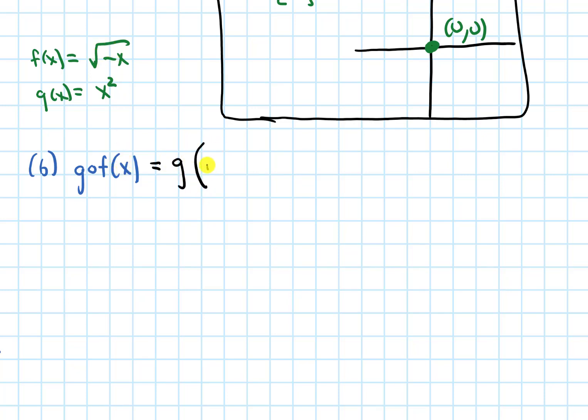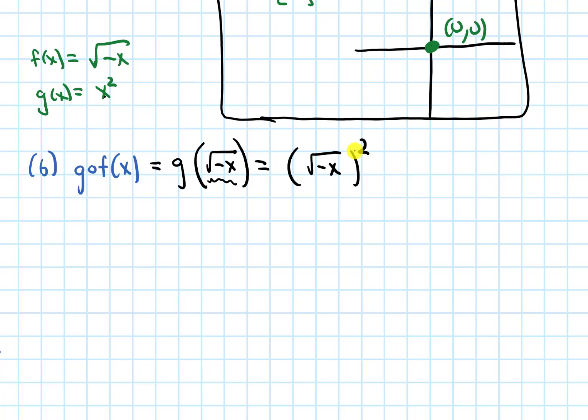And f of x is square root of negative x. Whatever's in the parentheses, in this case the square root of negative x, that's what I plug in to my formula for g, for the variable x. So instead of having x squared, I'm going to have this thing that I have in my parentheses being squared. So the square root of negative x gets plugged in, and that is what's going to be squared.